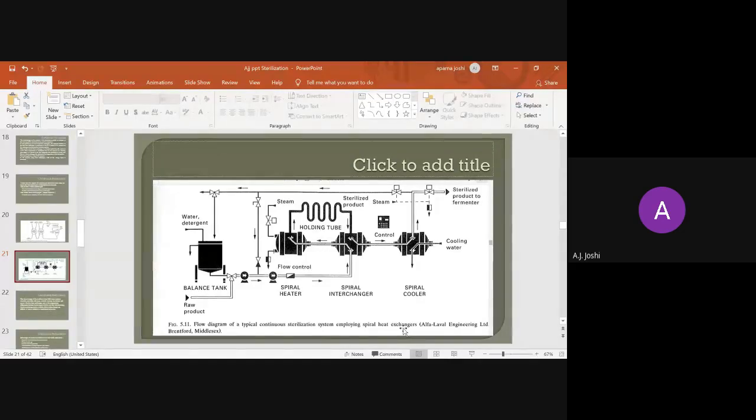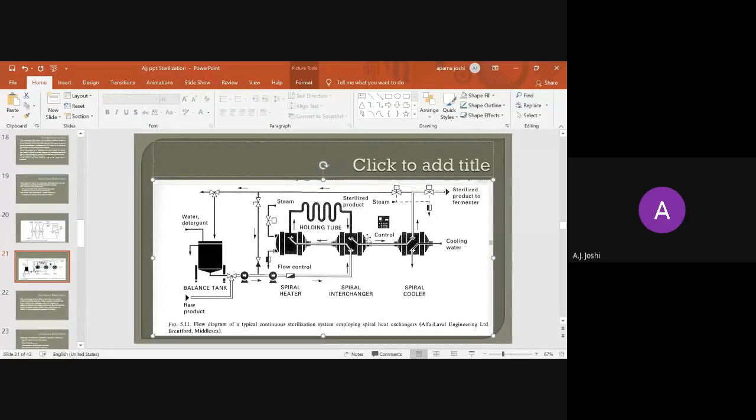More preferably the spiral heat exchangers are used for the continuous sterilization of the fermentation media. And this is the flow diagram of the typical continuous sterilization system using the spiral heat exchanger. So here this is the balance tank, or actually the fermentation tank or the media vessel.